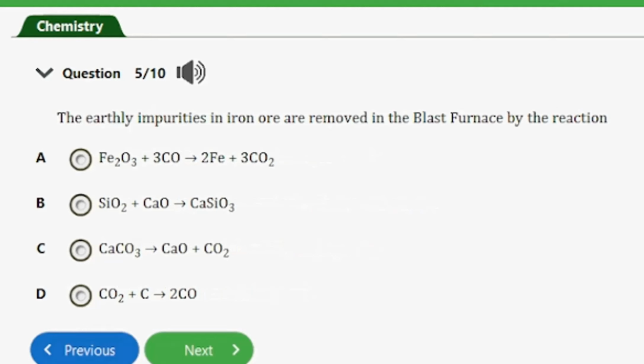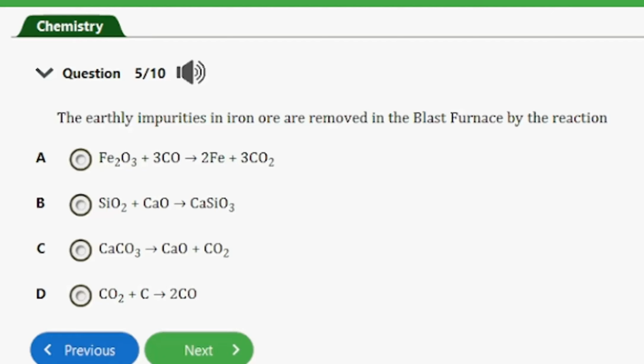Question number 5, it says, the early impurities in iron ore are removed in the blast furnace by the reaction A. Fe2O3 plus 3CO to yield 2Fe plus 3CO2, B. SiO2 plus CaO to yield CaSiO3, C. CaCO3 to yield CaO plus CO2, and D. CO2 plus C to yield 2CO.